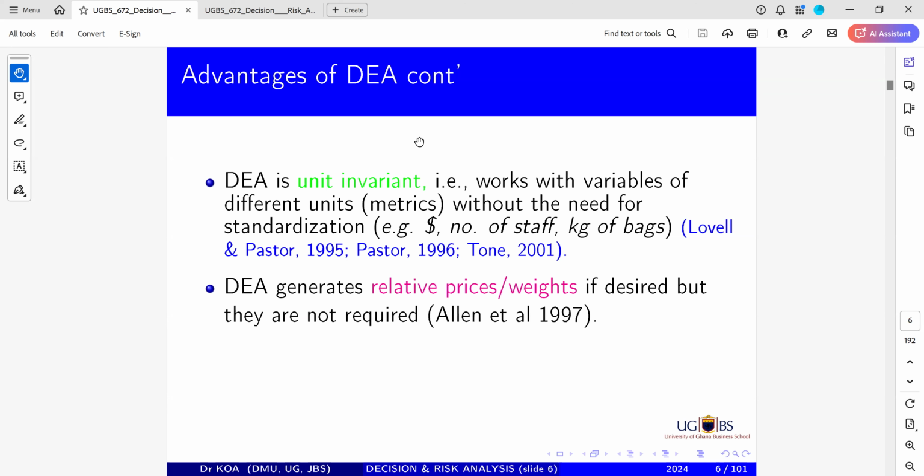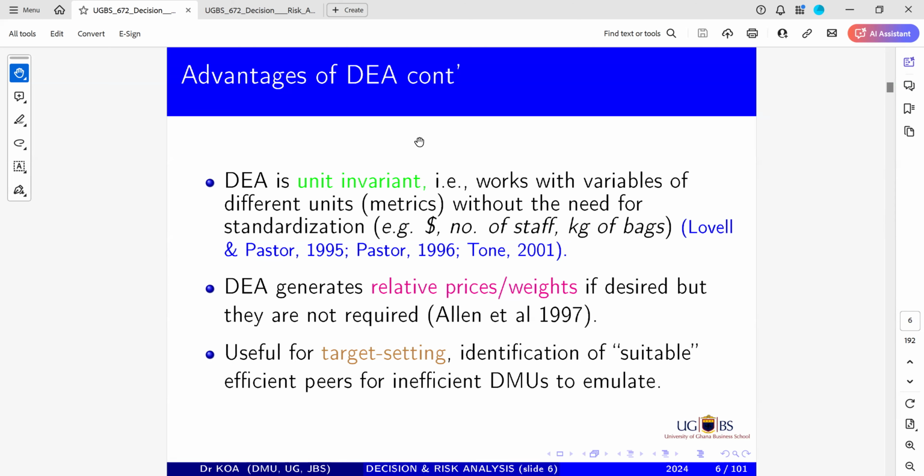DEA will generate relative importance, prices, weights. If you need it, you will get it. Even though you don't need them, it can use that as a way to value the inputs and the outputs. And it's a very, very powerful, very unique way that DEA does something like that. In other words, you can use it to price or to value something.